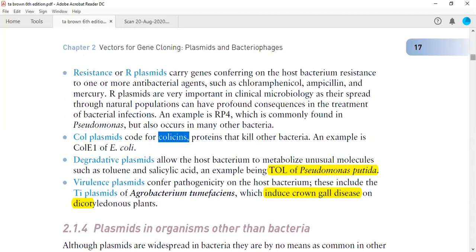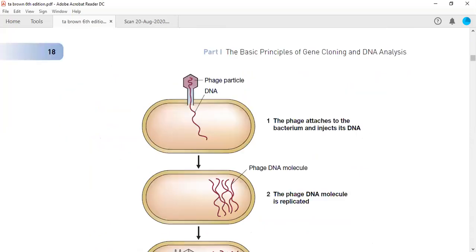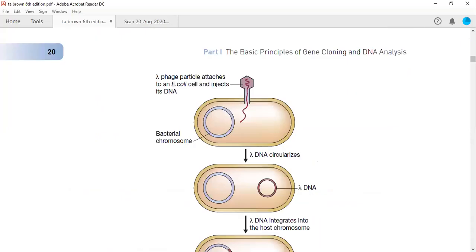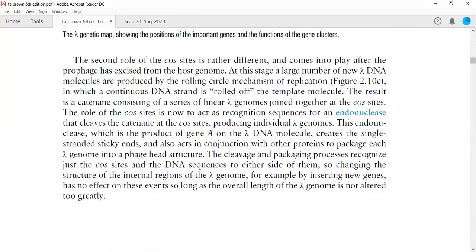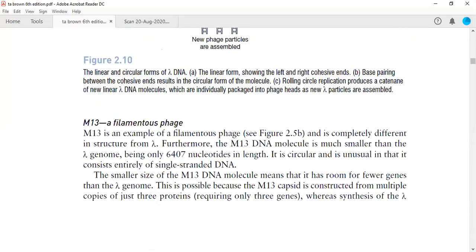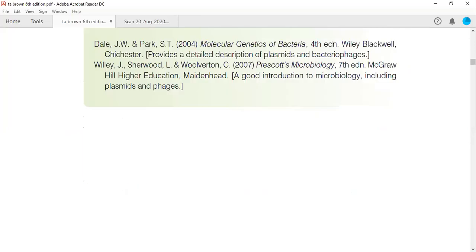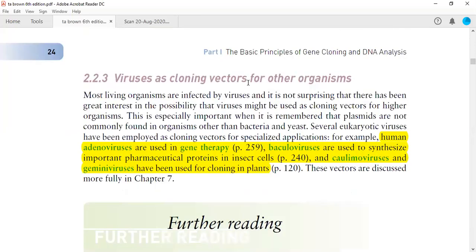One important paragraph I have found in this book, which you need to know before going into the Pathfinder. It is given at page number 24. There are certain viruses which are used as cloning vectors for other organisms.